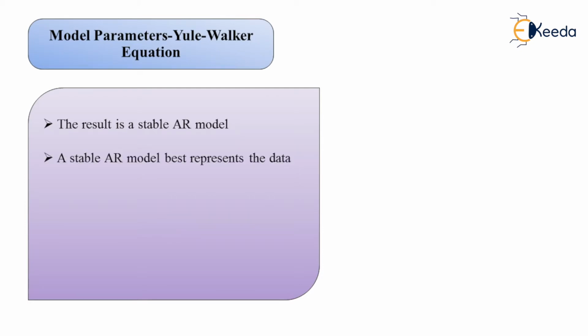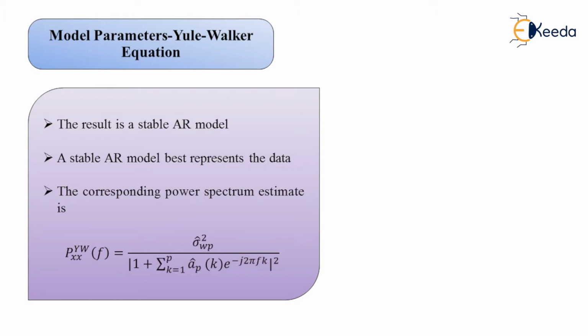This new equation is P_xx to the power YW, the abbreviation for Yule-Walker, as a function of f, given as sigma-hat_wp squared divided by the mod square of 1 plus the summation for k equals 1 to p of a-hat_p of k times e to the power minus j 2 pi f k.